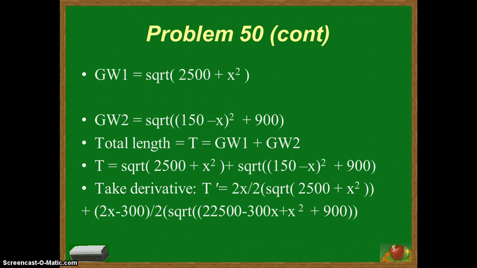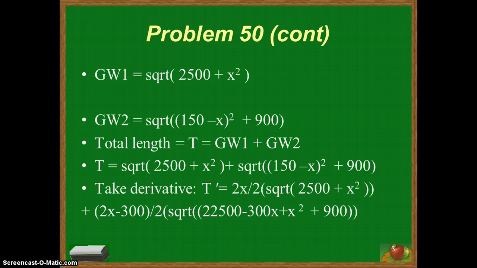So GW1 is the square root of 2500 plus x squared, and GW2 is the square root of (150 minus x) squared plus 900. The total length is the sum of those two equations. I call the total length T, and it's represented by the equation you see there.